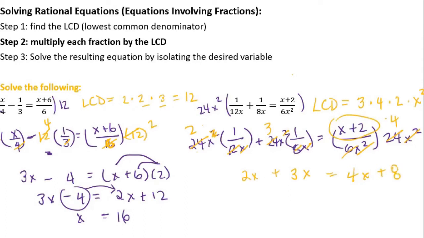Collecting like terms on the left-hand side gives me 5x, and subtracting 4x from both sides gets rid of the 4x on the right-hand side. So you're going to subtract 4x from both sides. That simply leaves me with the 8 on the right-hand side. 5x minus 4x is just x. So without any further steps, without any division, we have our final answer of x is equal to 8.